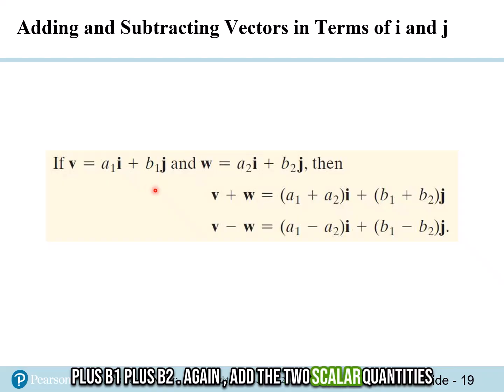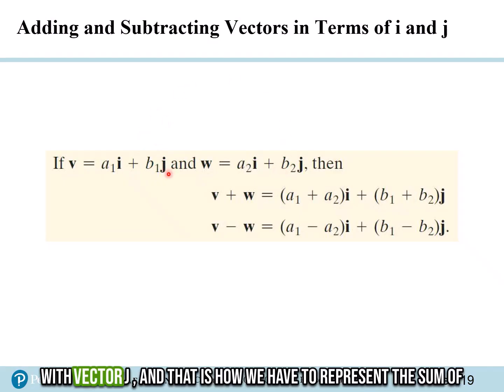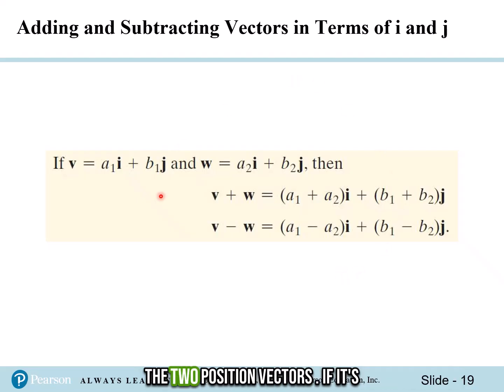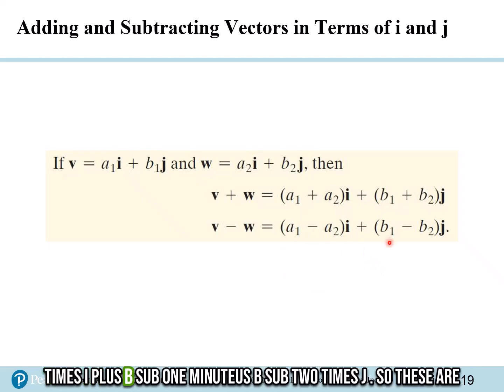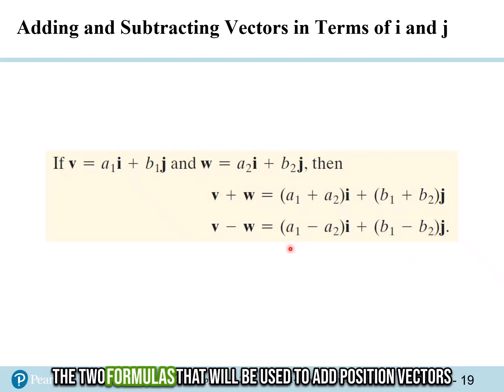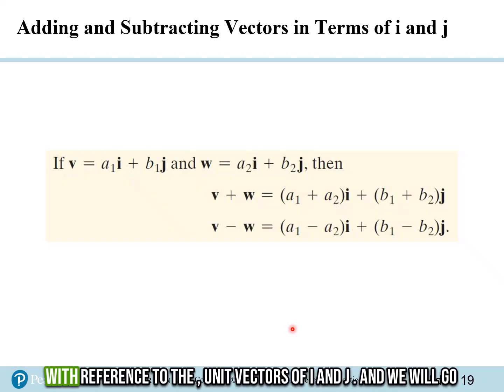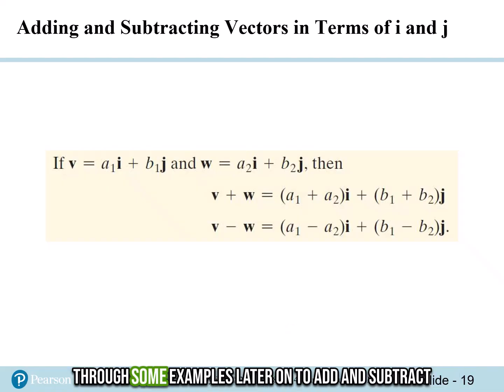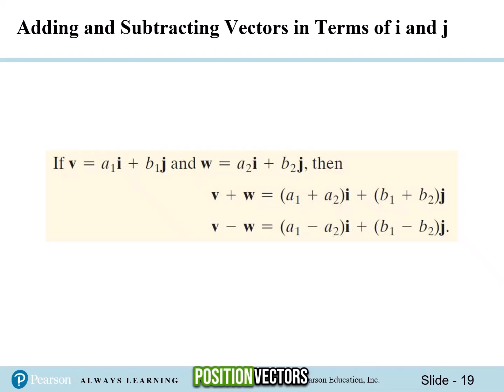Again, add the two scalar quantities with vector j, and that is how we represent the sum of the two position vectors. For the difference, it's a1 minus a2 times i plus b sub 1 minus b sub 2 times j. So these are the two formulas that will be used to add and subtract position vectors represented with reference to the unit vectors i and j. And we will go through some examples later on.